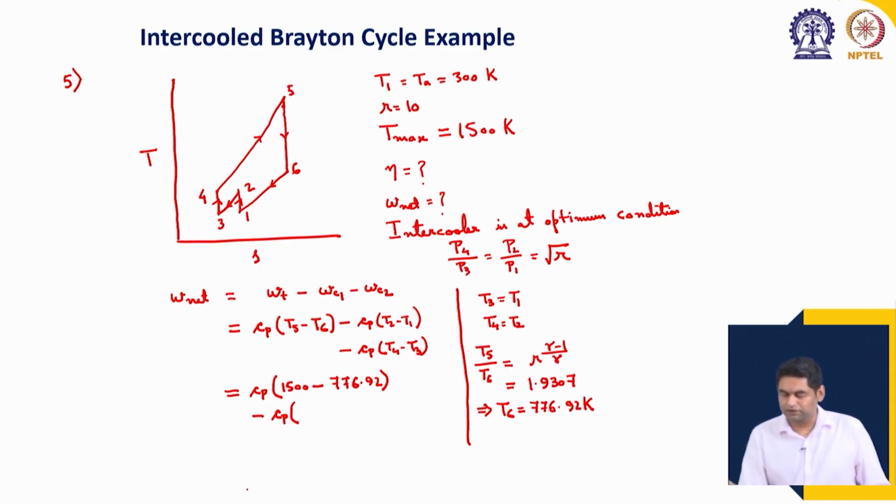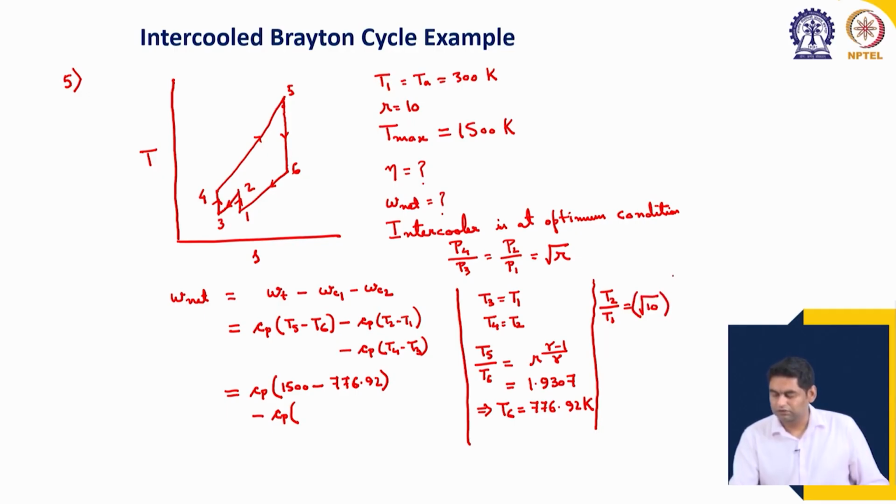What is the value of T2? Remember, T2 by T1 is R A, okay, for the first compressor, to the power gamma minus 1 by gamma, which is equal to root 10, okay, root of R to the power gamma minus 1 by gamma.